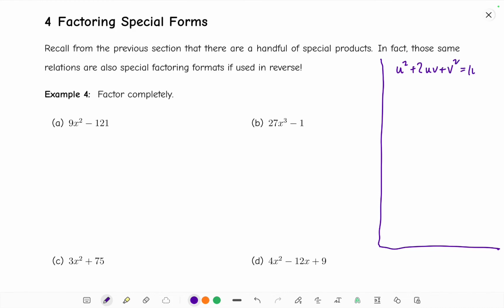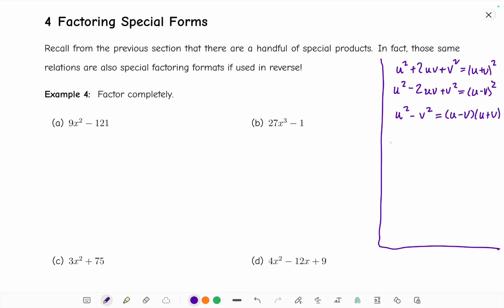That equaled (u plus v) squared. Or similarly, if you had u squared minus 2uv plus v squared, that was (u minus v) squared. Then you had your difference of squares, u squared minus v squared. That came from (u minus v) times (u plus v).